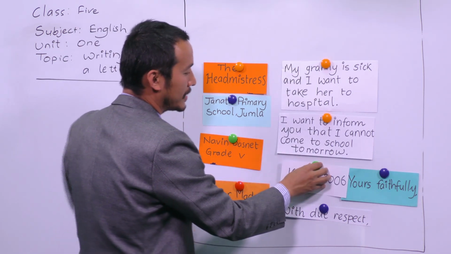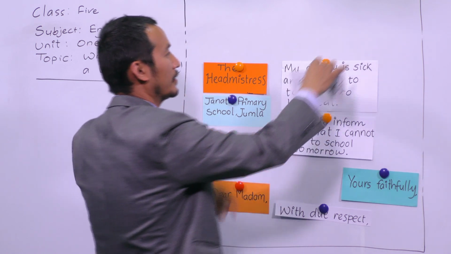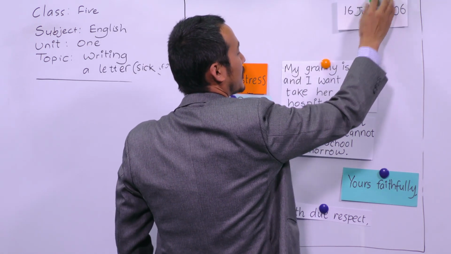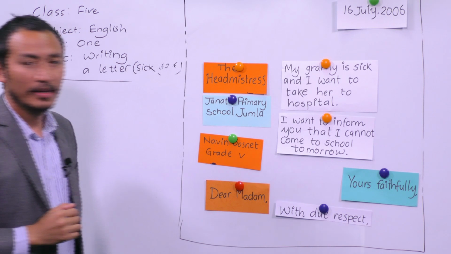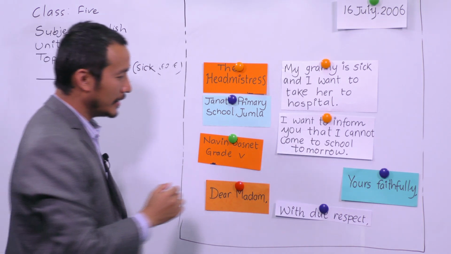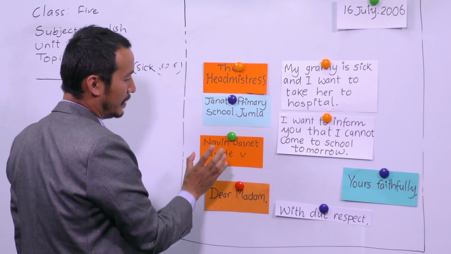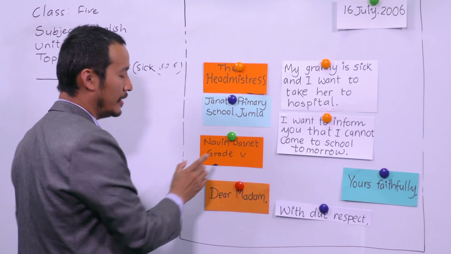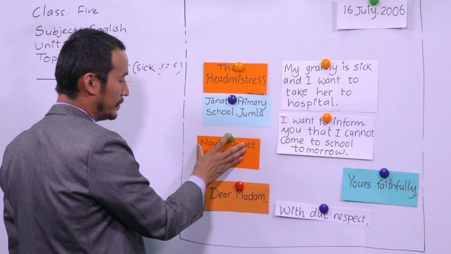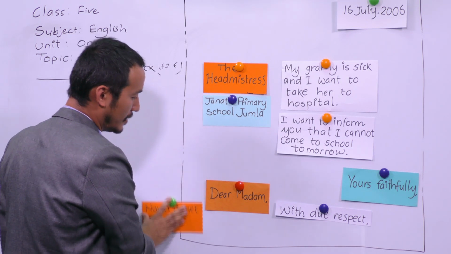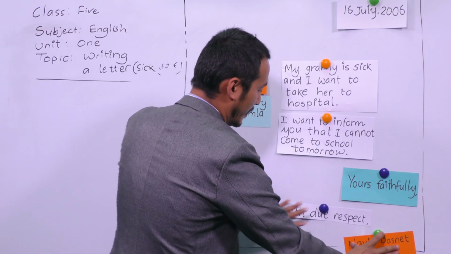We have the date. Where do we put it? At the top, right? Are you getting me? And there is a person, Naveen Basnet. Who is he? Where does he write? Sorry, where is this placed? Okay, at the end.